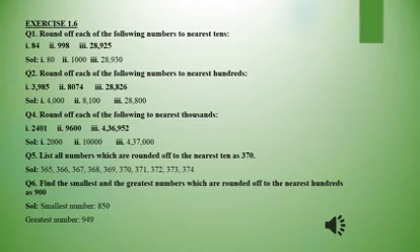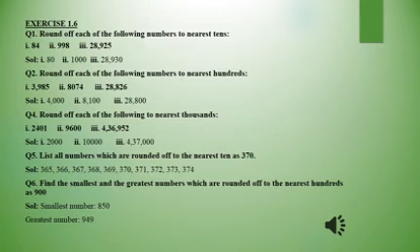Likewise, for part number 2, 8,074. So consider the last 3 digits, that is 074, which is 74, and 74 is nearest to 100. So 8,074 would be nearest to 8,100. Likewise for part number 3, consider the last 3 digits, that is 826, and 826 is obviously nearer to 800.